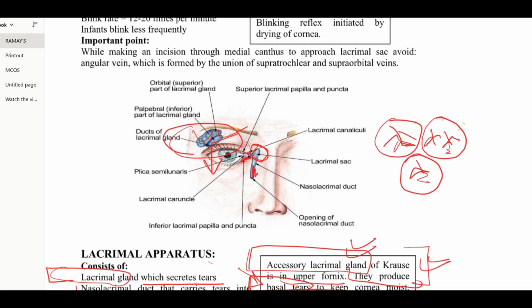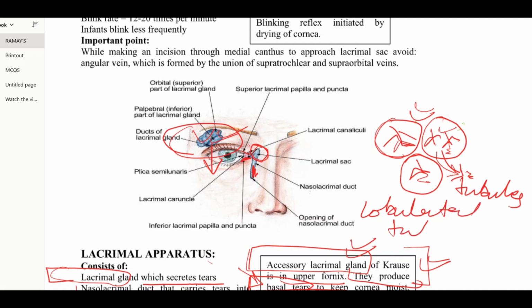These acini secrete the tears into the tubules. So the lacrimal gland has lobules, these have the acini, and these have the tubules that carry the tears from the lacrimal gland. So this is known as a lobulated tubuloacinar structure.